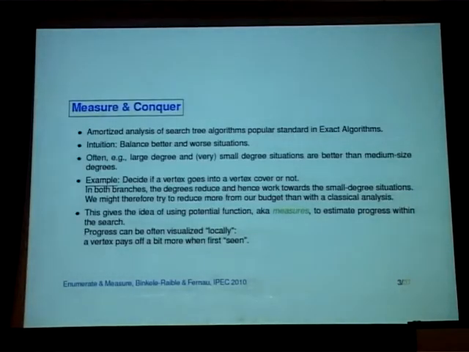So, as I already mentioned, measure and conquer is quite popular in the area of exact algorithms, and it gives you some kind of technique to get an amortized analysis of search tree algorithms. The intuition is quite simple. You have to somehow balance better and worse situations.